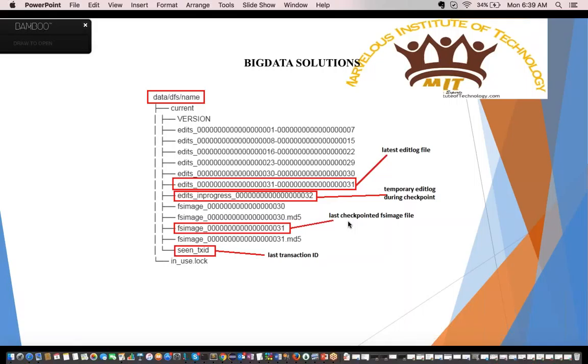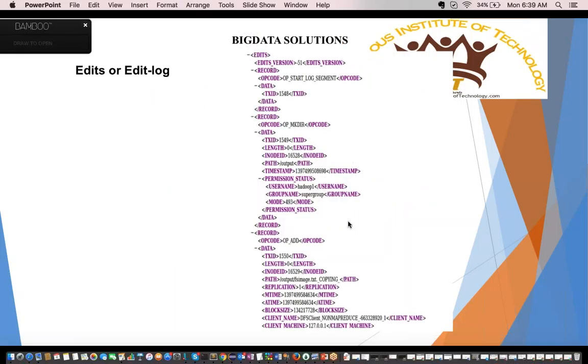I have used that tool and got this information, to show you what the edit log looks like and what information it contains. But it's not a human readable file. To make it human readable, Hadoop came up with different kinds of tools. I'll show you the tools while we're doing the commands.